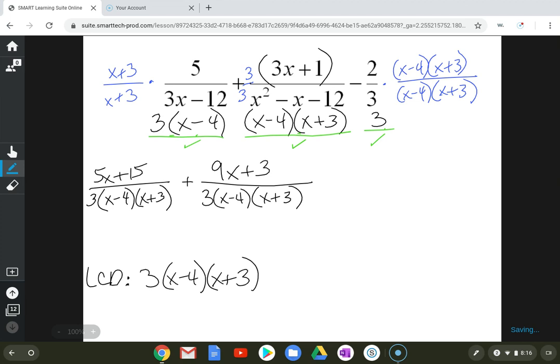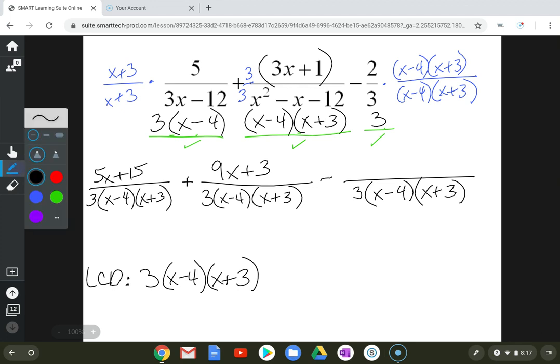By the way, notice you never, ever, ever distribute the denominator, but you always distribute the numerator. That's really important. The denominator is always factored, it stays factored. But the numerator, you have to distribute out because you're going to have to combine like terms. So I'm going to do my distribution as a little side step, in red over here.